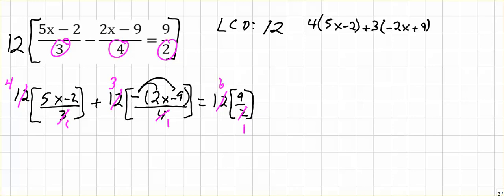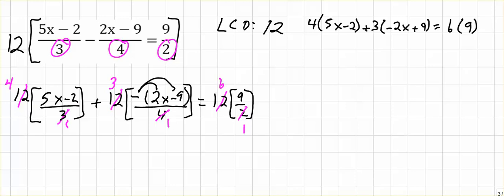The negative 9, if we multiply that by a negative 1, we get a positive 9. And then 6 times 9. And now this is like the previous problem.